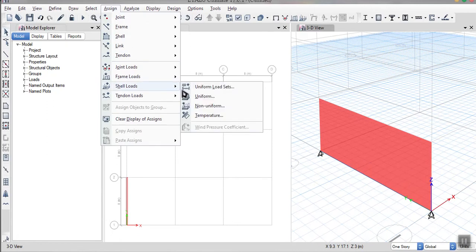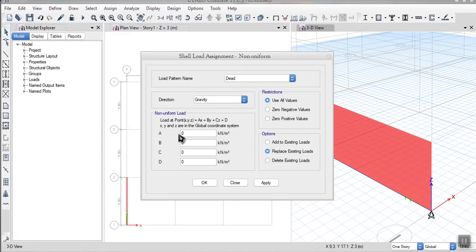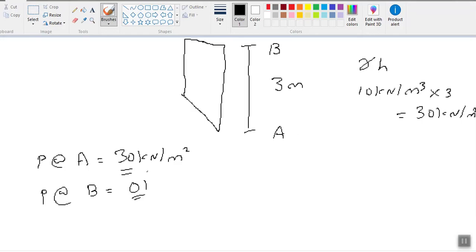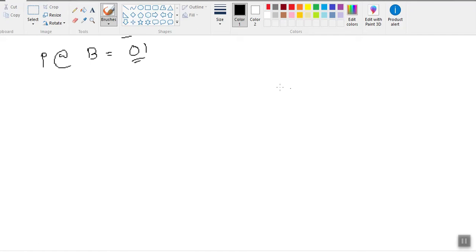In the shell load, if you have a non-uniform section, the load at any point x, y, z is denoted as a function of ax plus by plus cz plus d. Okay, what are all these numbers? The pressure is a function of ax plus by plus cz plus d.